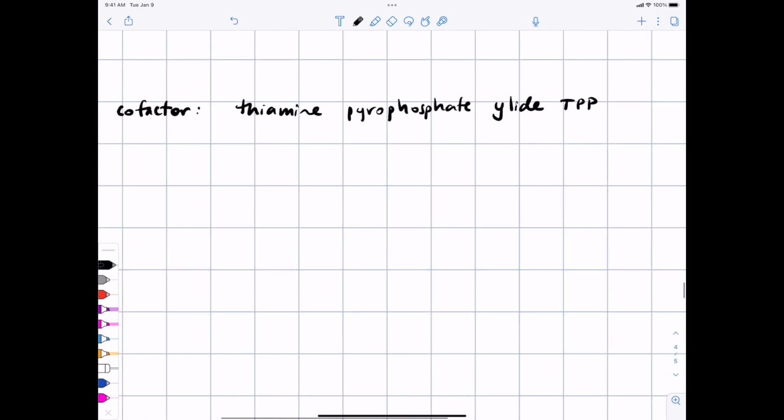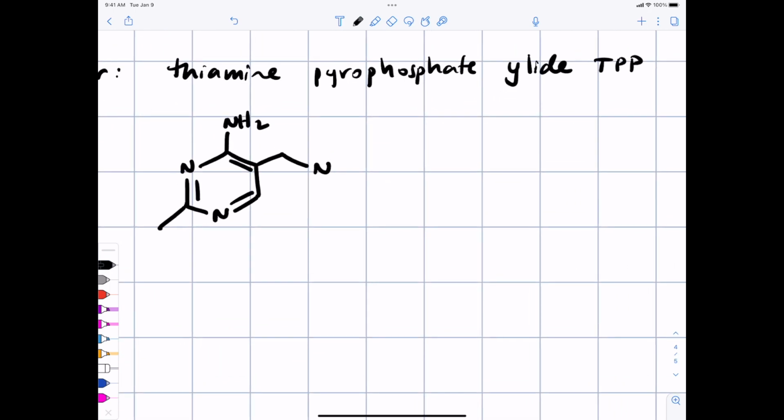I'll draw this for you. I can't remember what vitamin thiamine is. I just remember seeing the word thiamine on cereal boxes, so presumably we eat it.